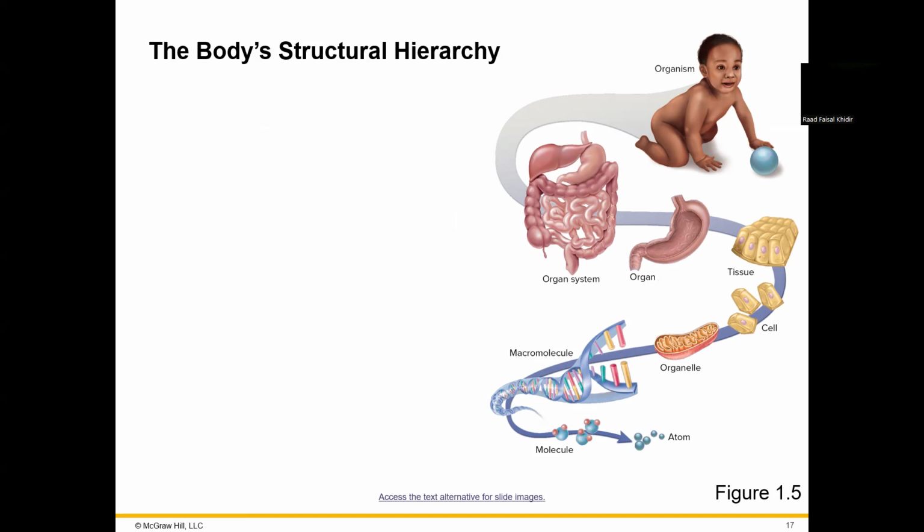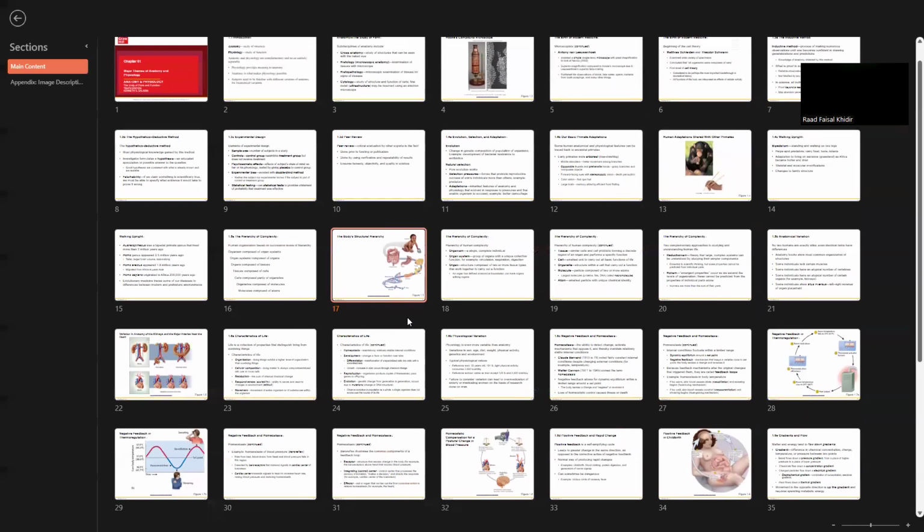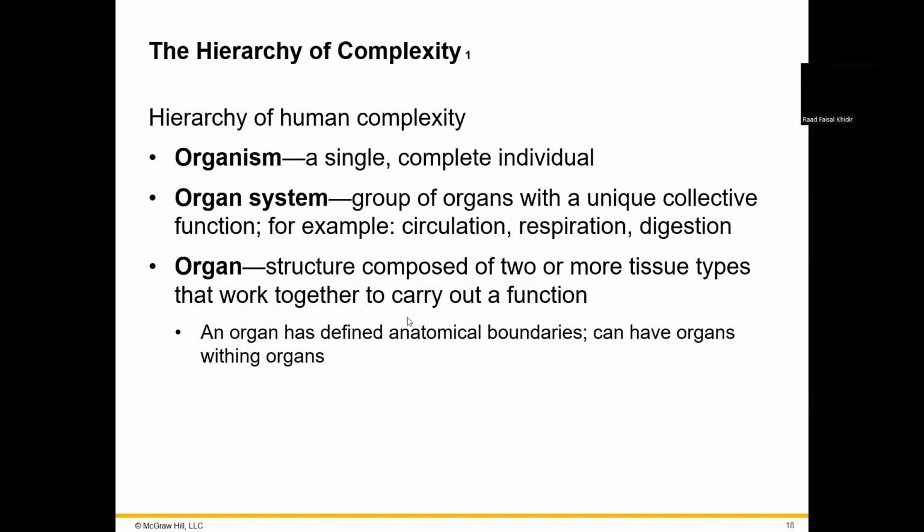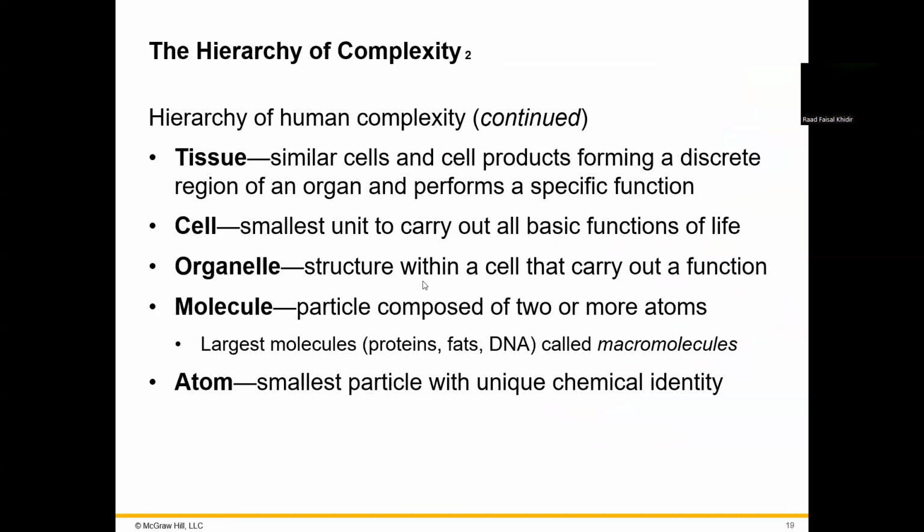Then you have an organic micromolecule, then you have a macromolecule, then many macromolecules give you an organelle, many organelles give you a cell, many cells give you tissue, many tissues give you an organ, many organs give you an organ system, many organ systems give you a baby, and we move on from a baby to population and so on.